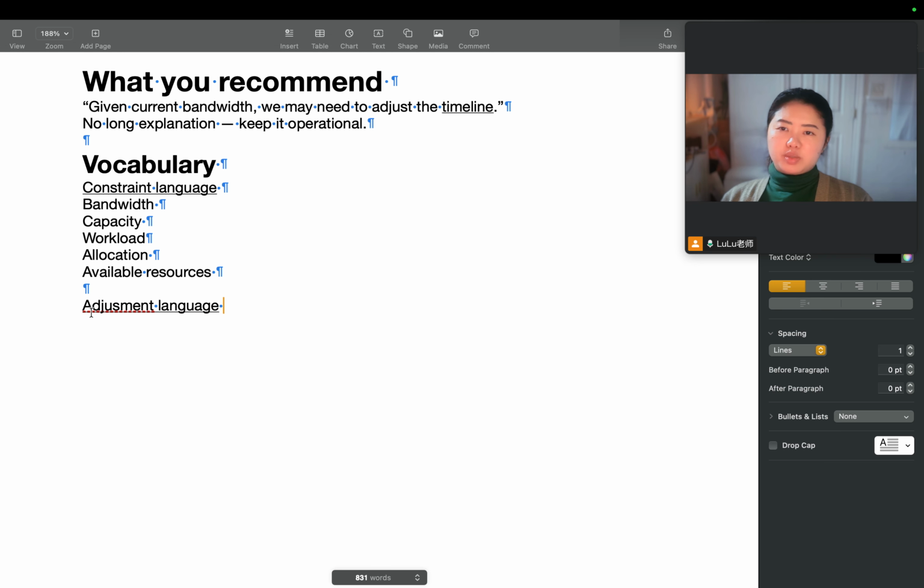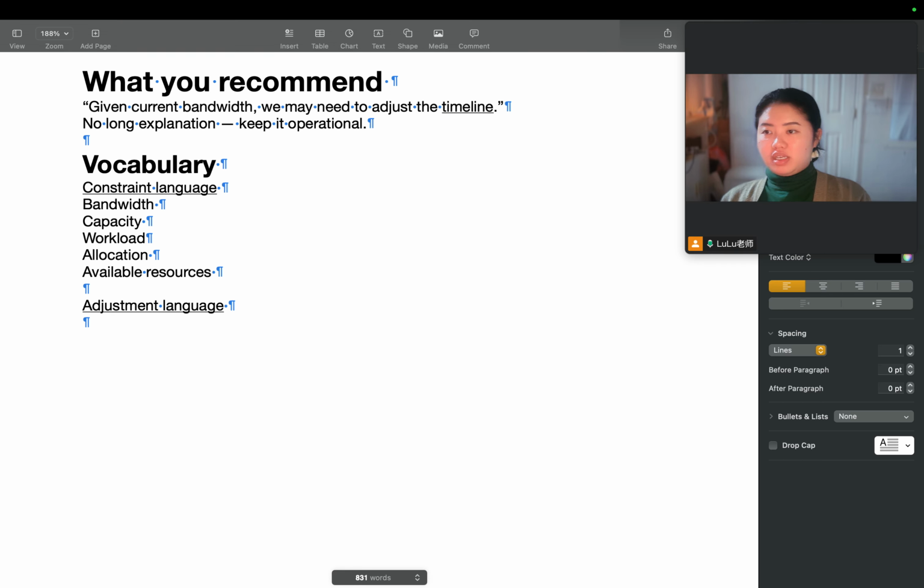By the way, if this was a live class, I would go over the vocabulary to make sure that my students understand each word, and sometimes I would ask them to build a sentence using 1 word or using 2 words together. So let's begin the adjustment language.